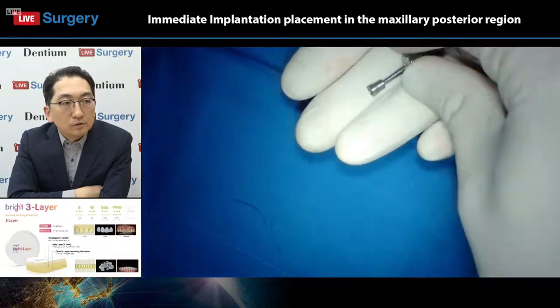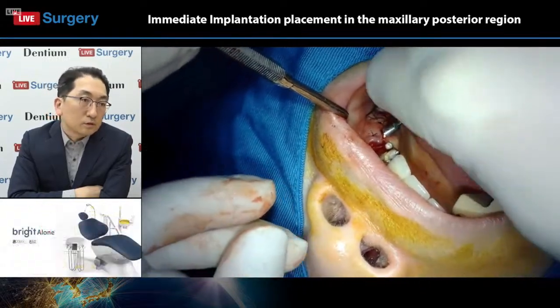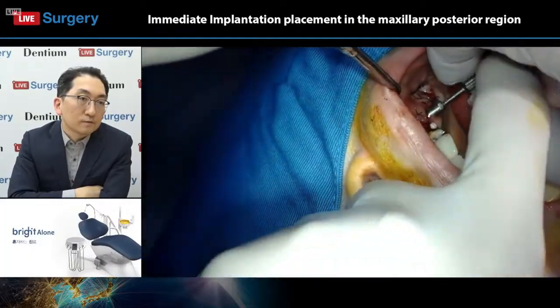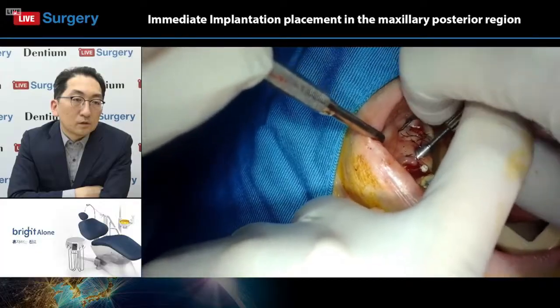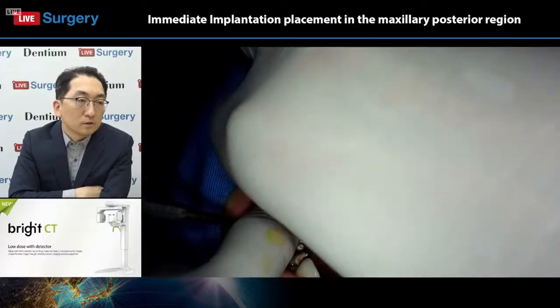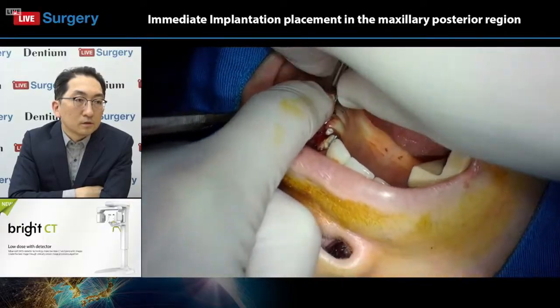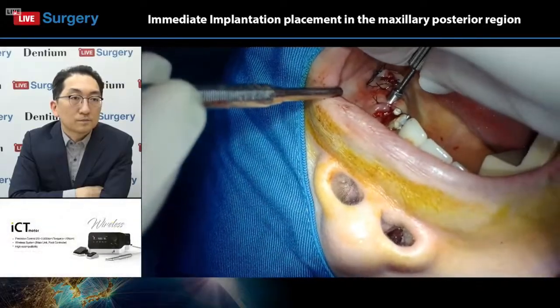For fabrication of the provisional prosthesis at 24 and 25, I will connect the scan body to the 24 and 25 fixtures.